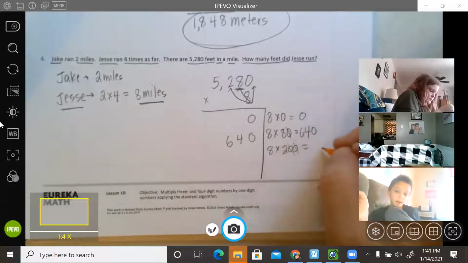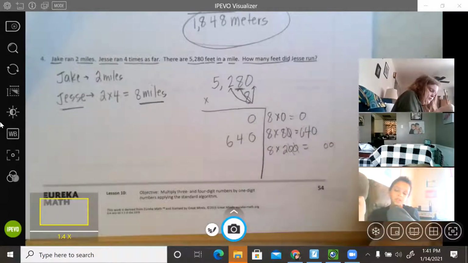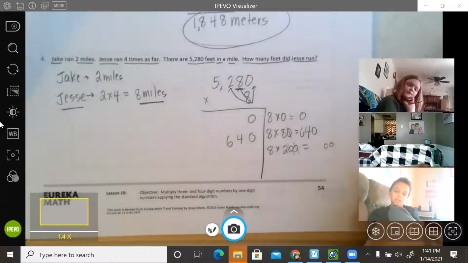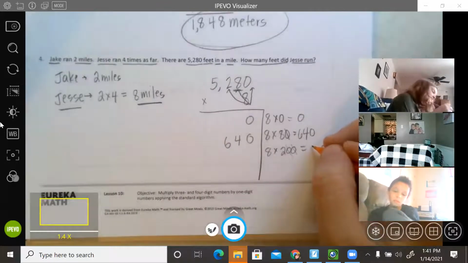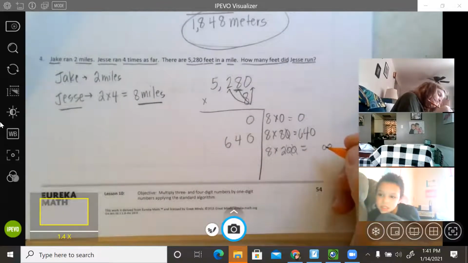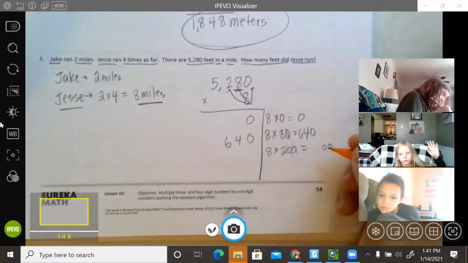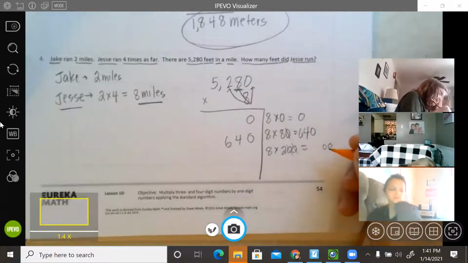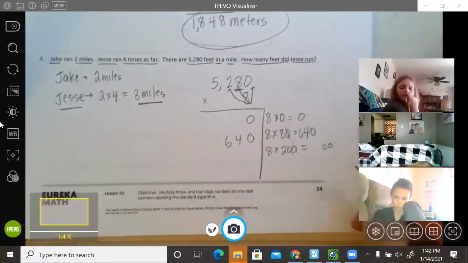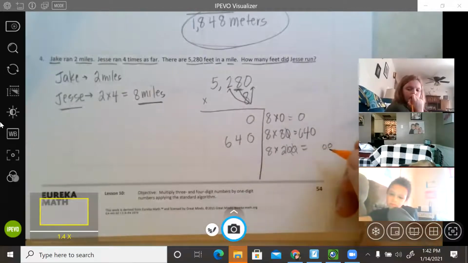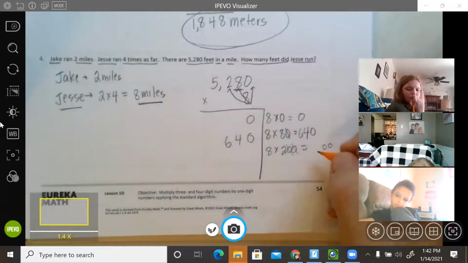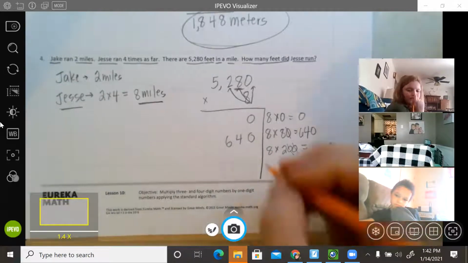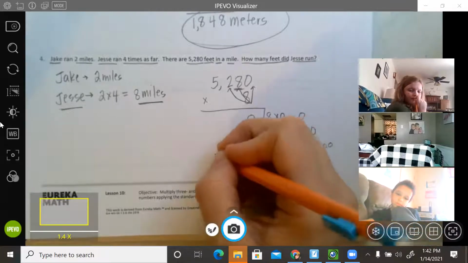Cross out your 2 zeros. Put them in your answer. 8 times 2 is... Nevaeh, 8 times 2. Julian, you need to be working on your facts instead of messaging everyone in Teams. Get on a website and practice. 16. Okay, so we have 8 times 200 equals 1,600.